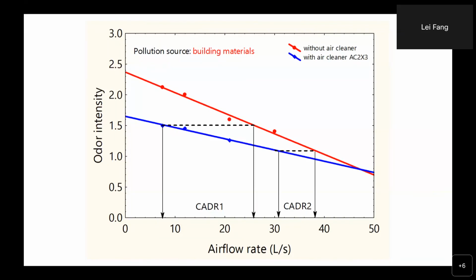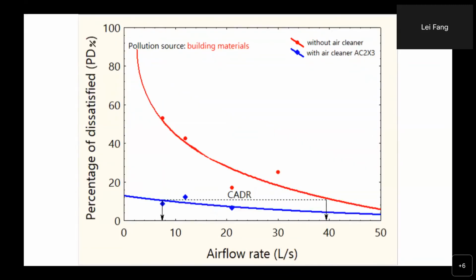Here you can see the CADR at lower ventilation rate is higher than the CADR at high ventilation rate. When the ventilation rate further increases, these two curves cross each other. That means if you have a very high ventilation rate, then the air quality in the room is good anyway, so whether you operate the air cleaner or not, it will not improve the air quality.